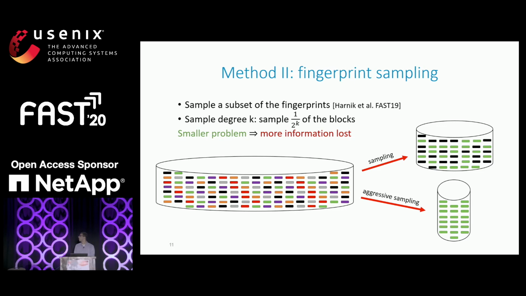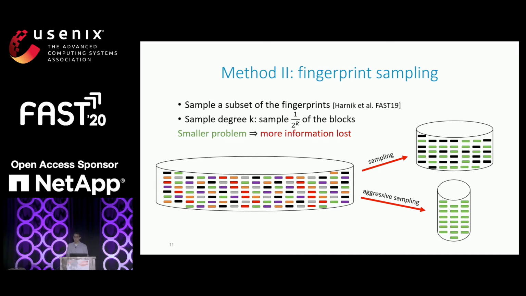The second acceleration method we talk about in the paper is fingerprint sampling. In fingerprint sampling, we sample only a very small fraction of the blocks in the system, and then we formulate our integer linear programming according to it, and use the solver in order to solve a smaller problem. After we retrieve the solution, we draw conclusions about the larger system.